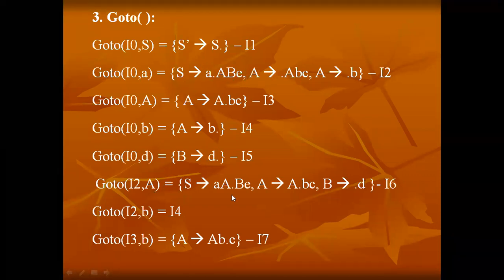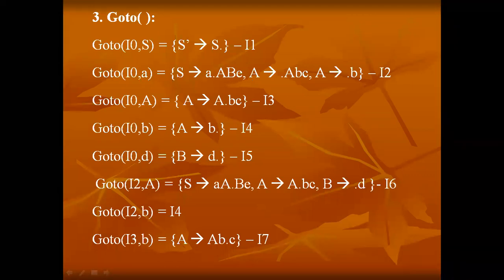See, I2 with A: before it is A tends to dot A BE, and after processing it is A tends to A dot BE. And A tends to dot A, and after processing it is A tends to A dot BC. And what is this, B tends to dot D? When I am performing the goto of I0 with A, I stated a condition or constraint.